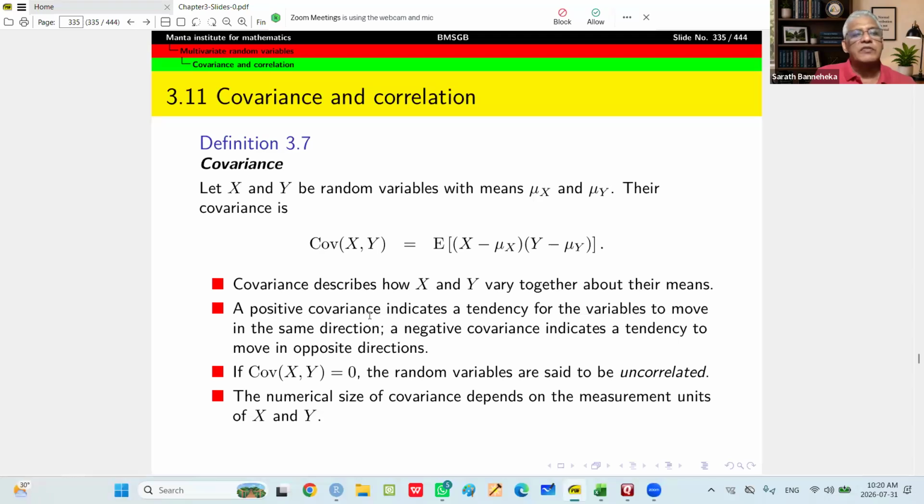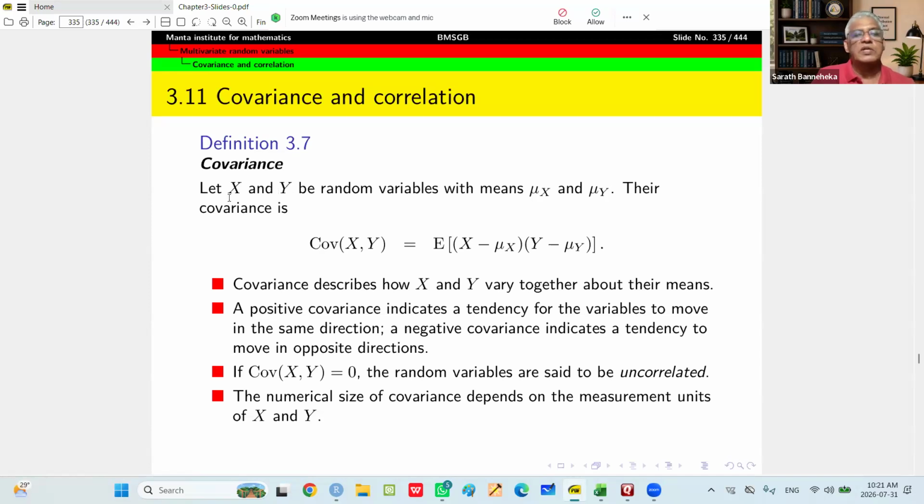So first of all, we'll start with the definition of the covariance because we need covariance to talk about correlation. So the covariance between two random variables x and y is defined as this. Let x and y be random variables with means mu x and mu y respectively. So mu x is again the population mean, that is the expected value of x. Mu y is the expected value of y.